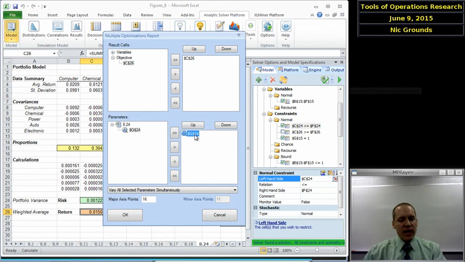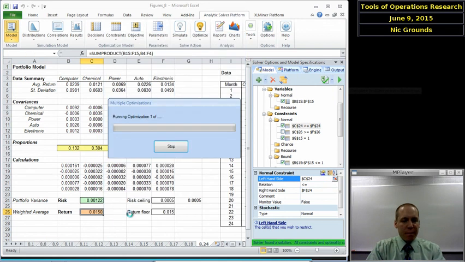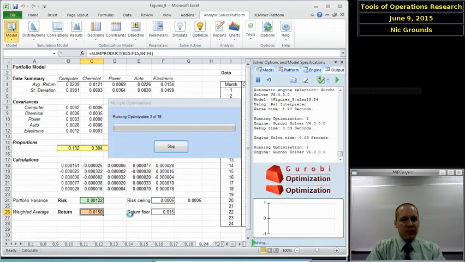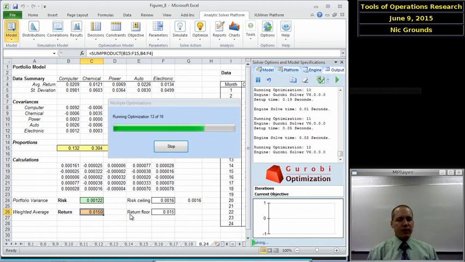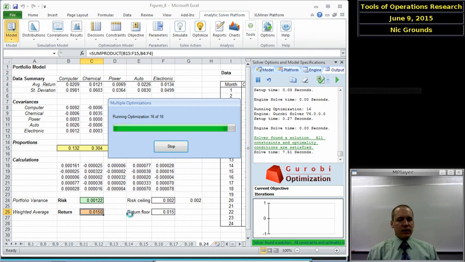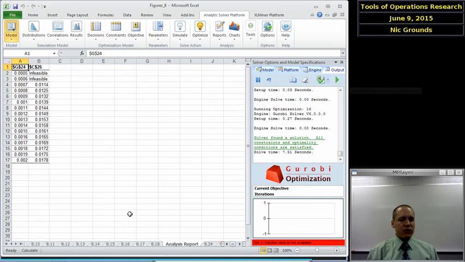Given we're willing to take that amount of risk, one by one, what's the best rate of return we can get? Okay. Let that run. So best rate of return for different values of risk we're willing to take.